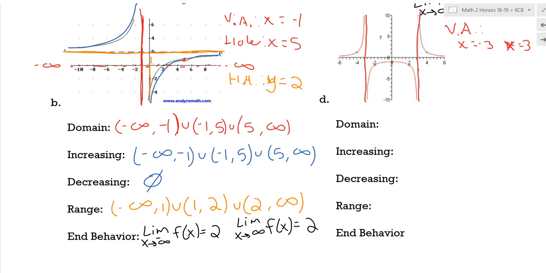If you look, we also have holes. I have a hole here. I have a hole here. I'm just going to list them. I have a hole here. And I have a hole here.